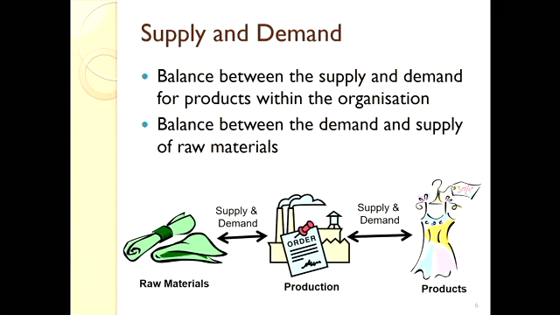But for some other companies, especially high-tech companies, they really need to be careful not to over-purchase. Otherwise, if they can't use or sell those materials, they may become obsolete, and the value will drop to zero, right? So it's a case by case scenario. But the point here is that balancing the supply and demand for materials and products is very important.